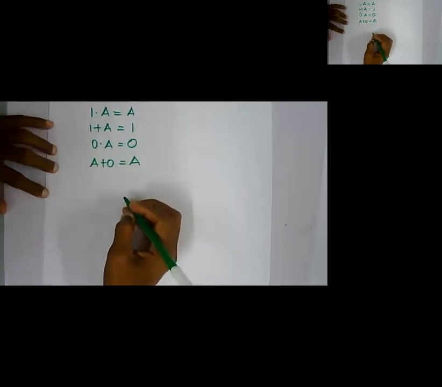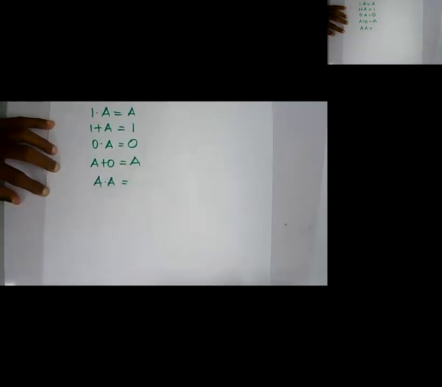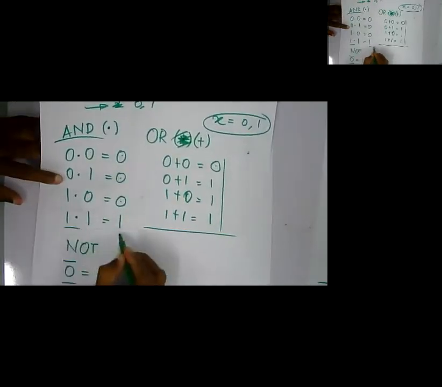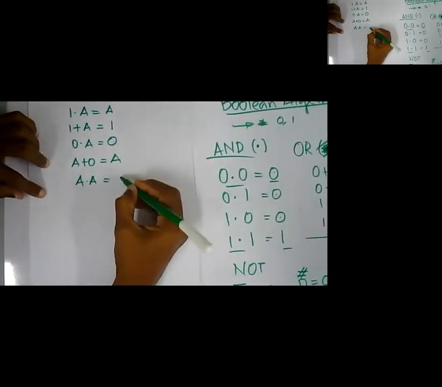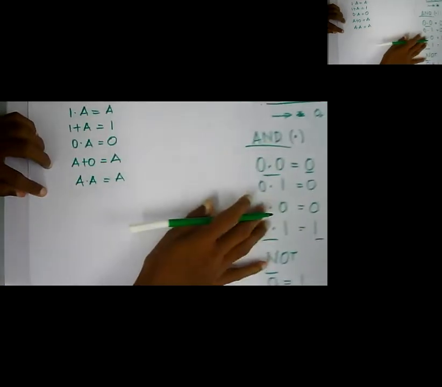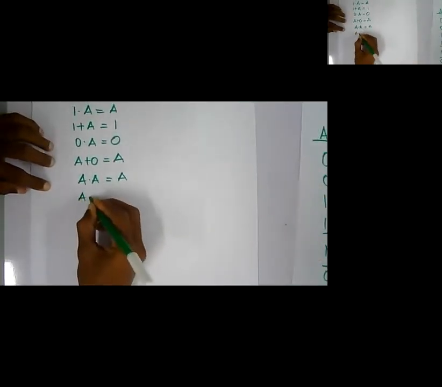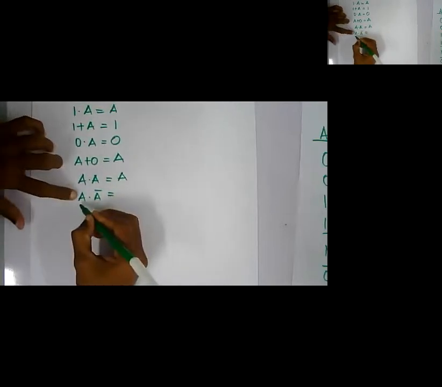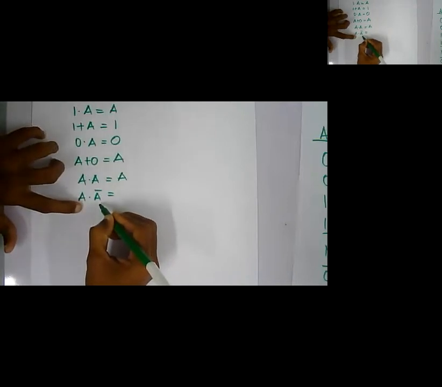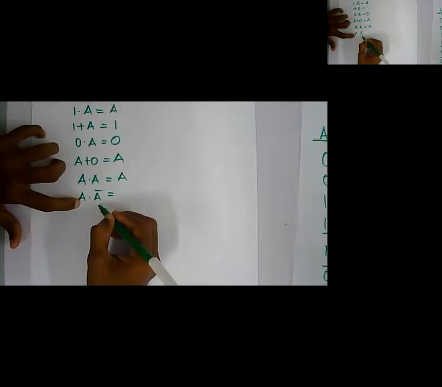The next one is a dot a. You can see that 1 dot 1 is 1, 0 dot 0 is 0. So a dot a becomes a. Similarly, a dot a bar: if a is 1, then a bar is 0; if a is 0, a bar becomes 1.